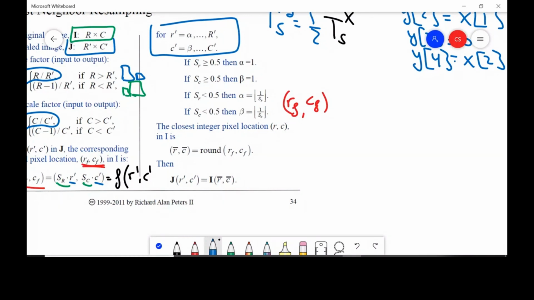What you will do is round the fractional coordinates to some integer coordinates, and for that integer coordinate I have the value. So my output at r prime, c prime will be the input at r bar, c bar.